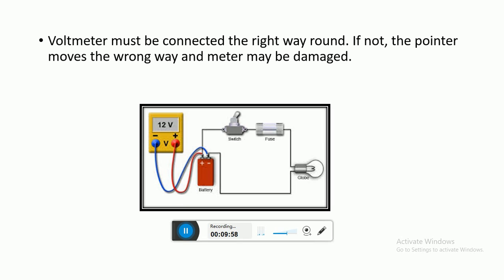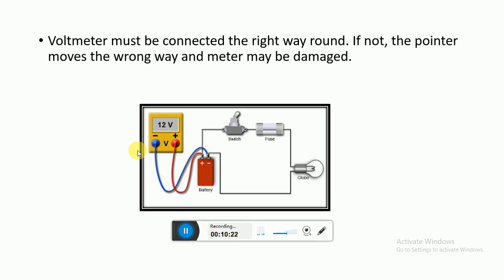Then we can get the correct value. If we do not connect the red wire with the positive and the black or blue with the negative, we do not get the correct voltage on the voltmeter.